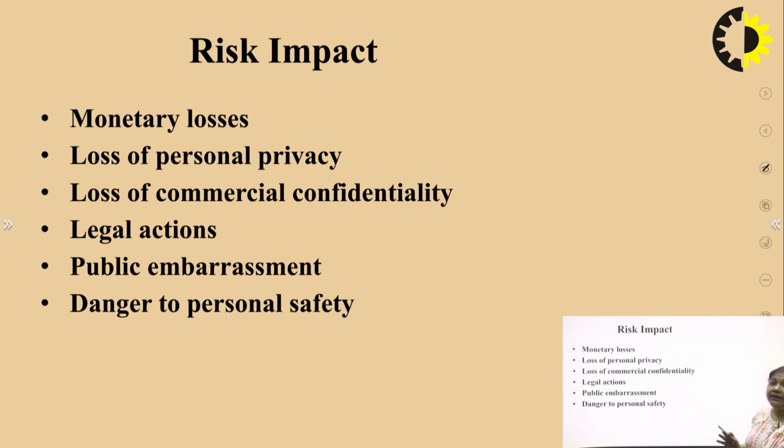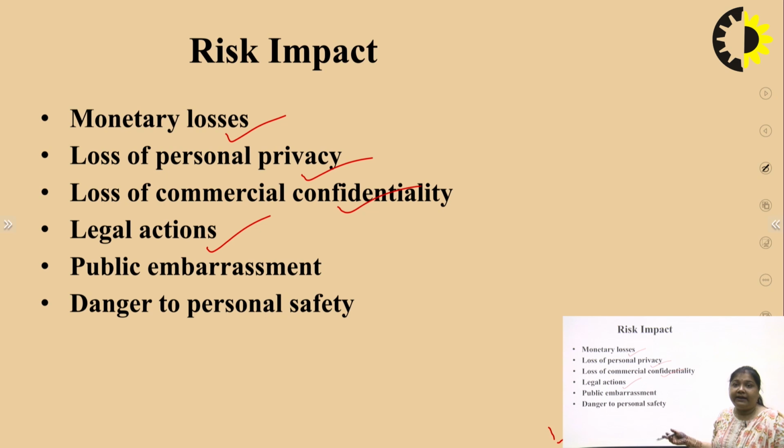Now, what can be the risk impact? If a threat enters our system, first of all there can be monetary losses, financial issues, loss of personal privacy, data can be lost, loss of commercial confidentiality, legal actions can be taken, and public embarrassment.